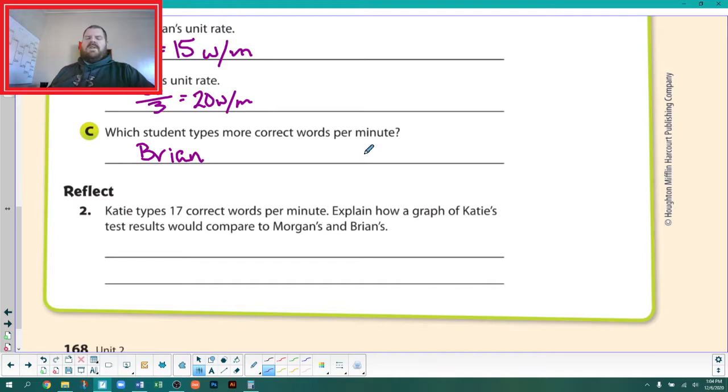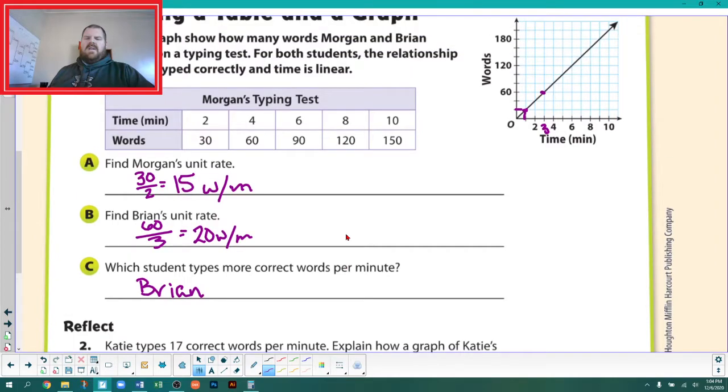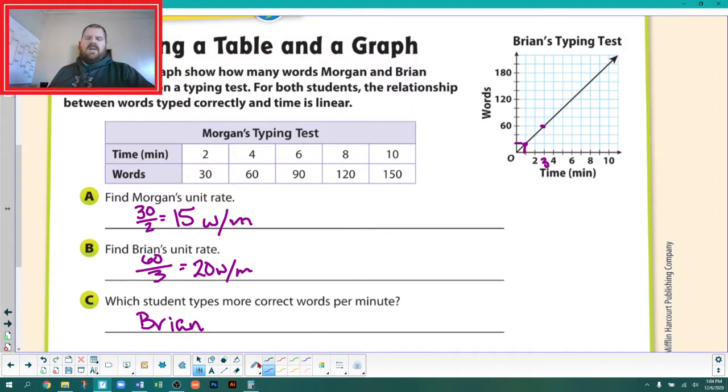Katie types 17 correct words per minute. Explain how a graph of Katie's test results would compare to Morgan and Brian's. So the one thing that they didn't have us do, which I think we can, is to actually graph and show the relationship on the graph of Morgan's test.